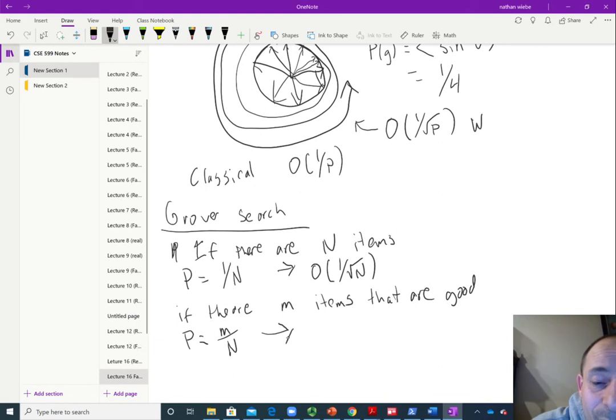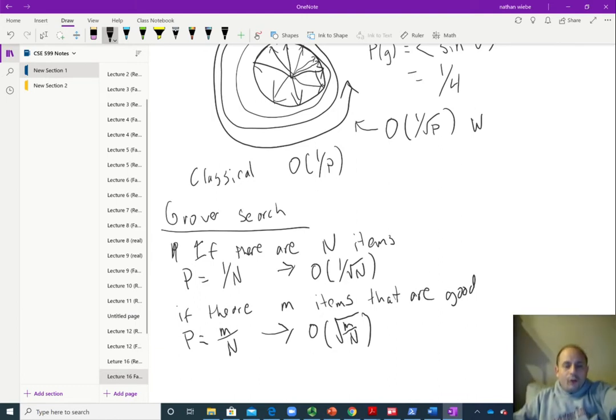And so the number of repetitions we're going to need in order to succeed using this will be order square root of n over m. So you can see, once we have this tool in place, we can solve a Grover search with multiple marked elements just by substitution. And so that's really kind of neat.